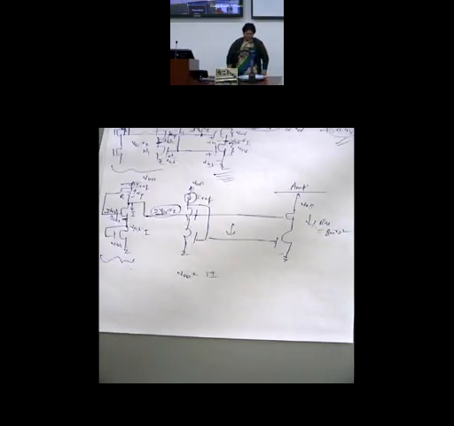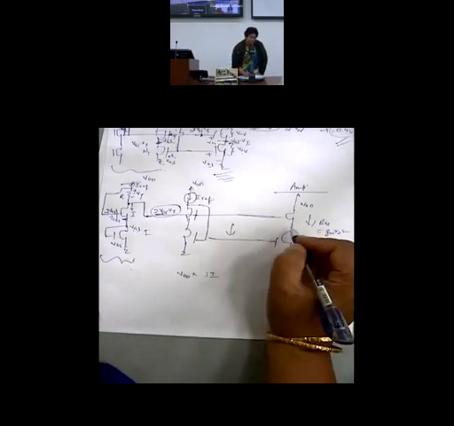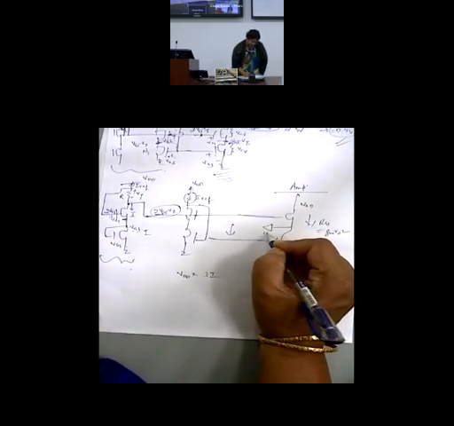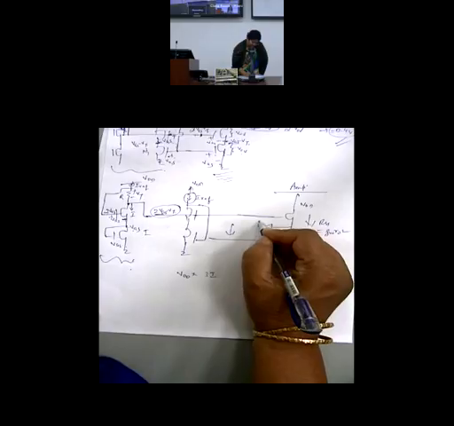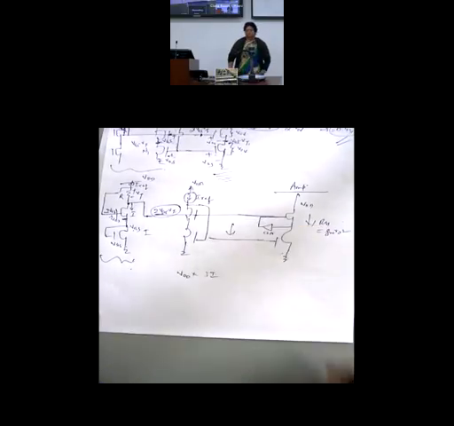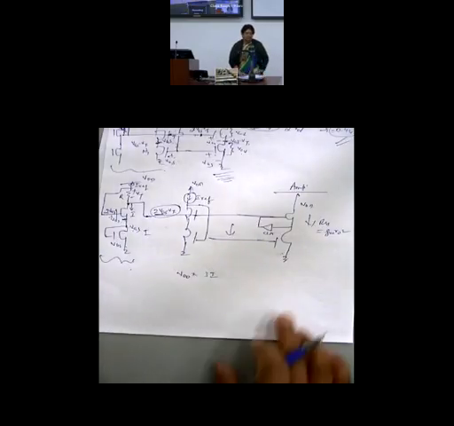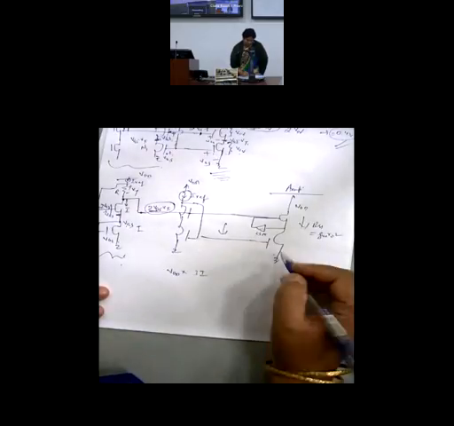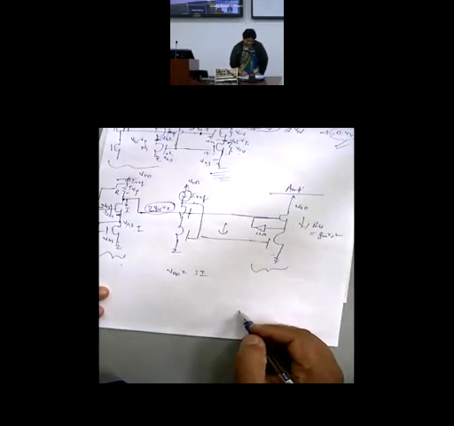So I use negative feedback. So what I do, very simple. I again put a common source amplifier here and feed it here. Okay, it's a common source amplifier. How will you make this now? Redraw. I am redrawing this part. Look very carefully.